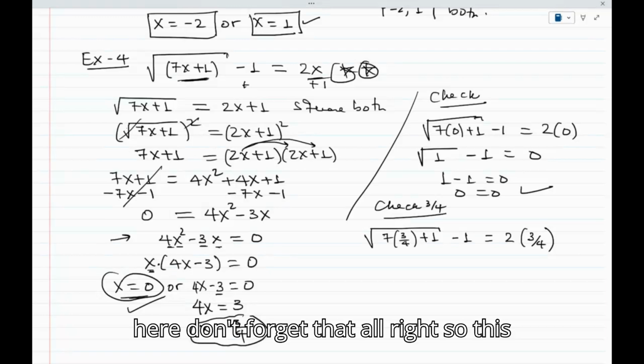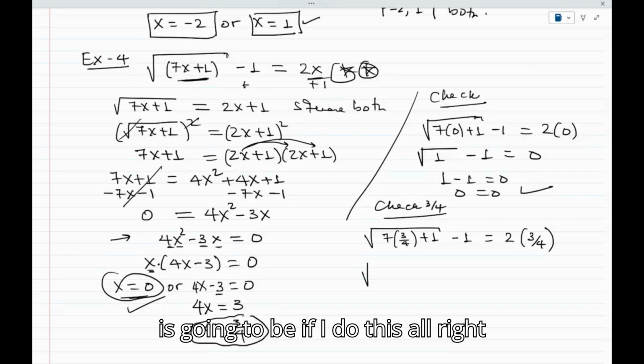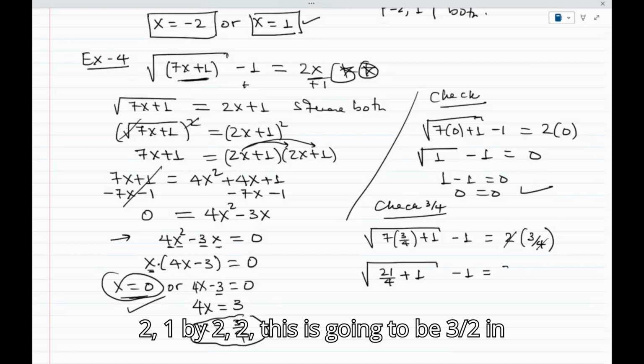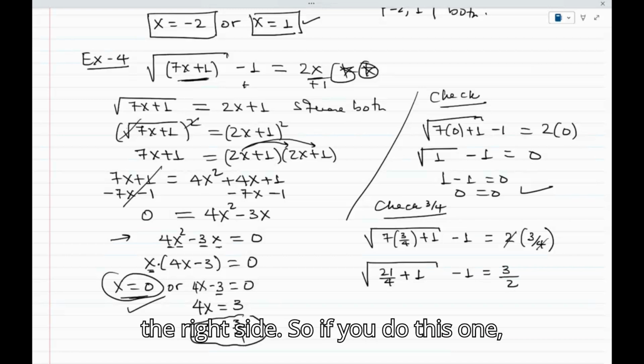Don't forget that. So if I do this, this is going to be 21 over 4 plus 1, minus 1, is equal to 2 times 3/4, which is going to be 3 over 2 on the right side, okay?